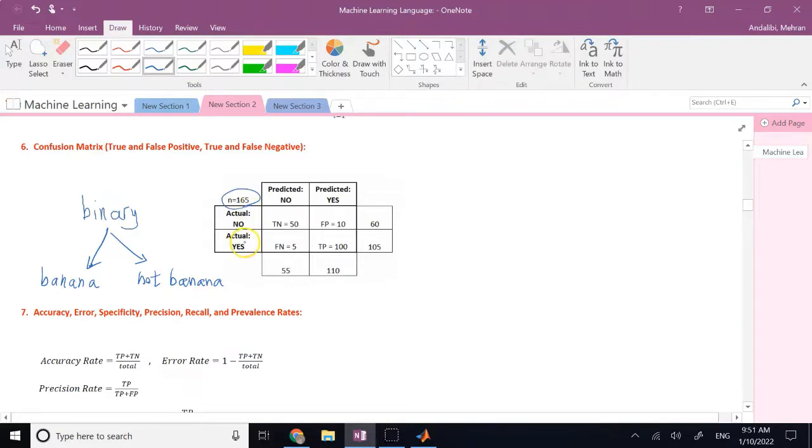And I know, because I have a human who is checking these pictures, how many of them are actually bananas, how many of them are not bananas. So I know out of these 165, 105 pictures I gave to my algorithm were actually bananas, and 60 of them were no bananas. Okay?